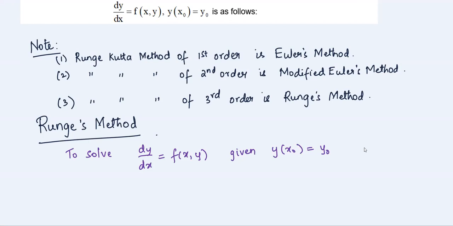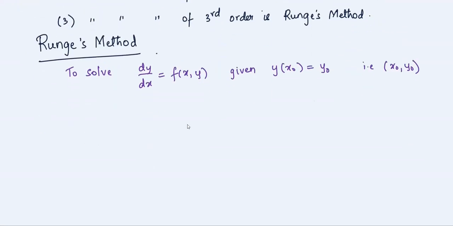That is, we know this point x naught, y naught. Now let the next step be x naught plus h, that is x1 comma y1, where y1 is y naught plus k.